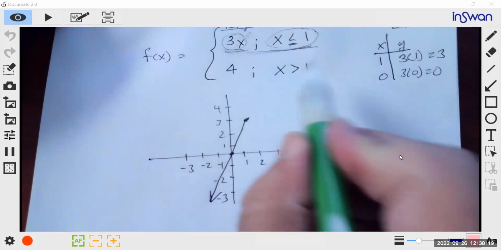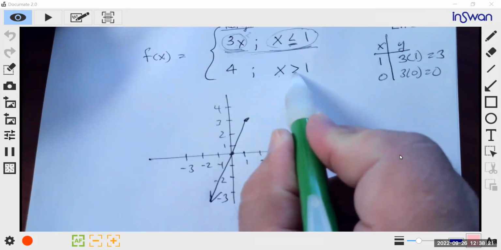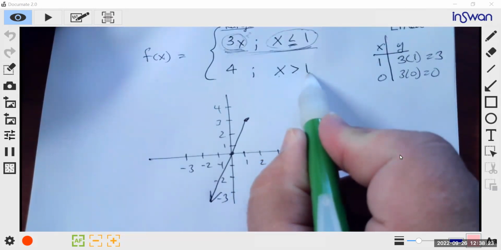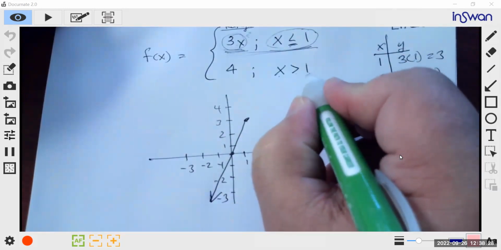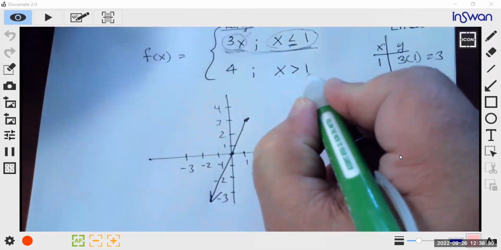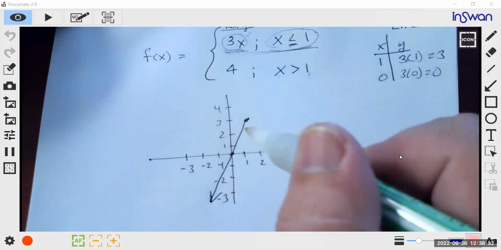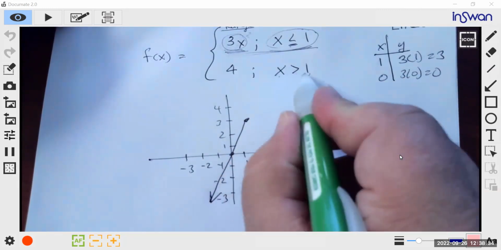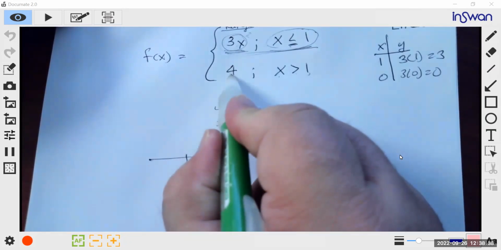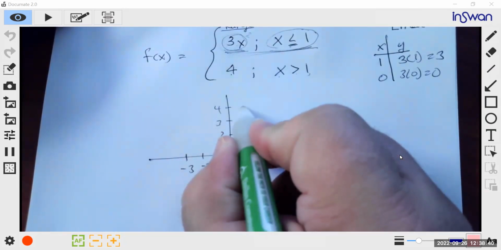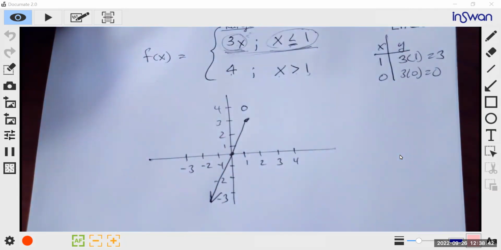Now the second graph is for all the x's greater than 1. So what we do is we start at 1, but we make this graph at 1 an open circle. So when x equals 1 on this function, what do we get? 4. So it's an open circle there. Because it's not included. 1 is not included.